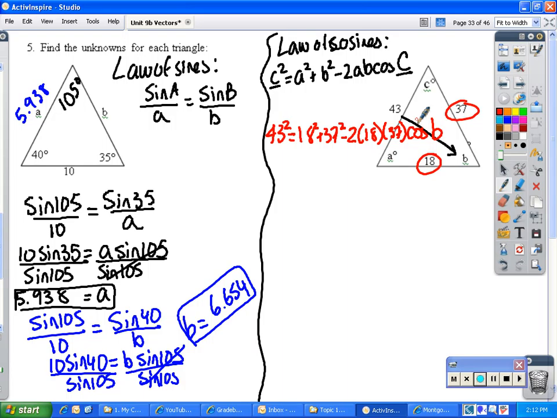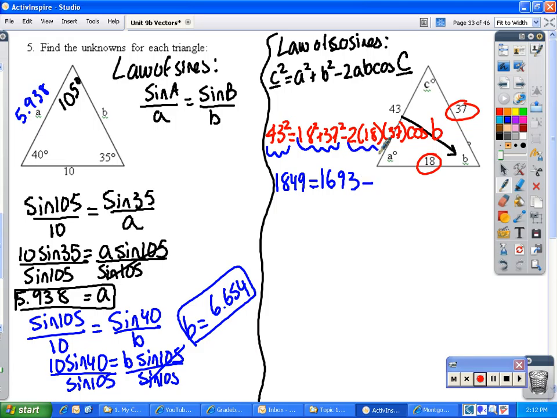So the first thing I'm going to do is find out what 43 squared is. 43 squared in my calculator is 1,849. Now I'm going to find out what these two things added up equal. So I'm going to type 18 squared plus 37 squared in my calculator, and that tells me it's 1,693 minus.